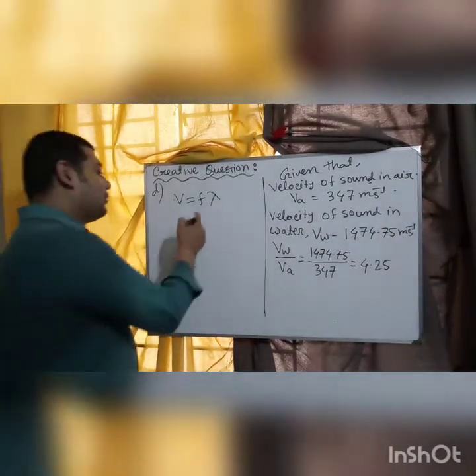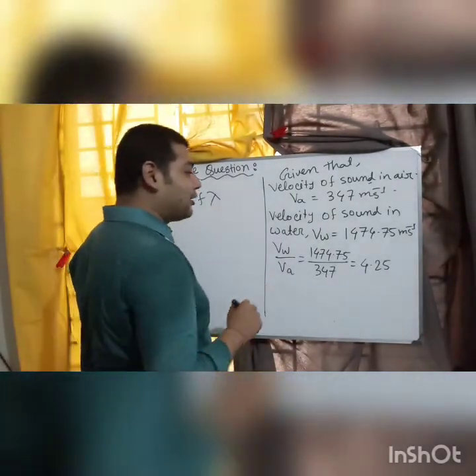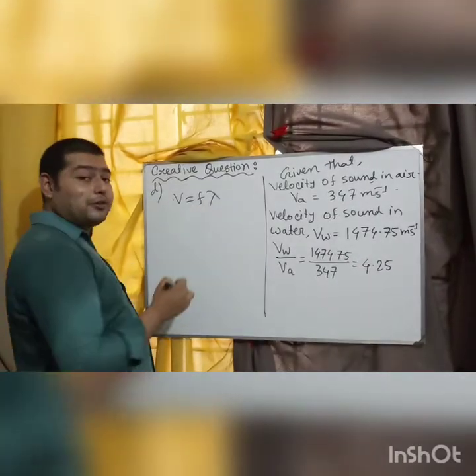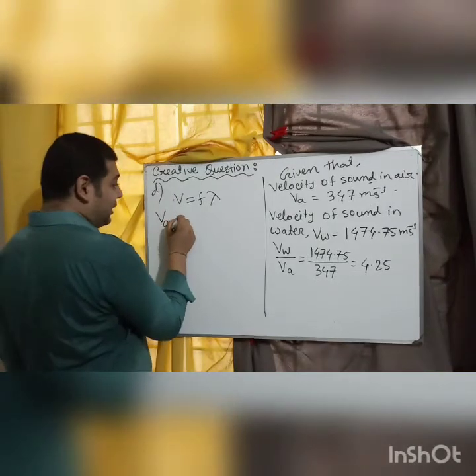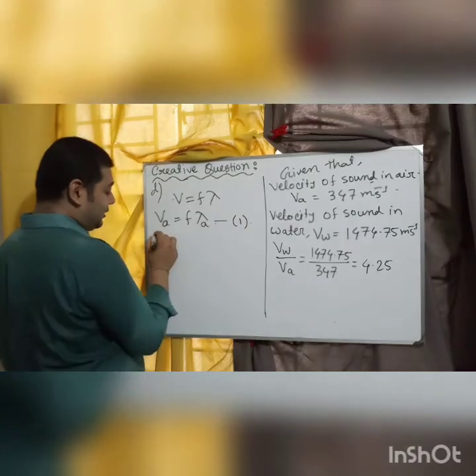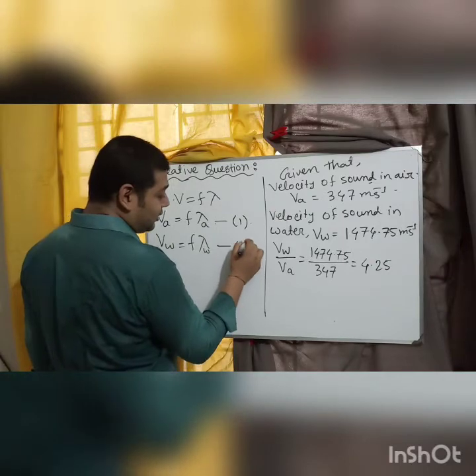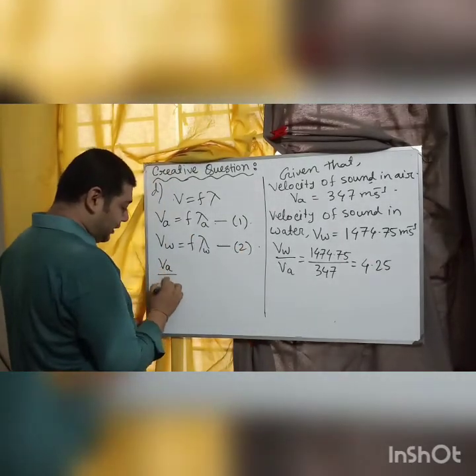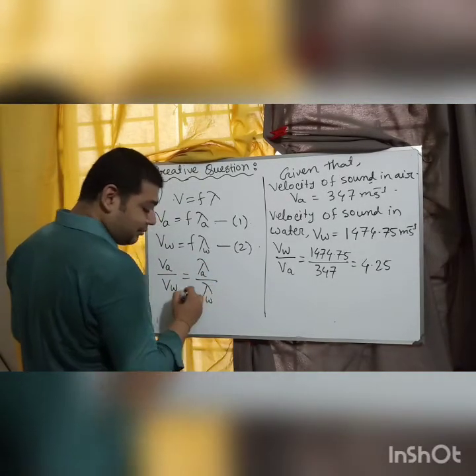Here F is frequency. From our problem statement, we say that our frequency is the same. So we can write VA equal to F into lambda A, equation 1. And another, V water equal to F into lambda water, equation 2. And dividing these two equations, we can write VA by VW equal to lambda A by lambda W.